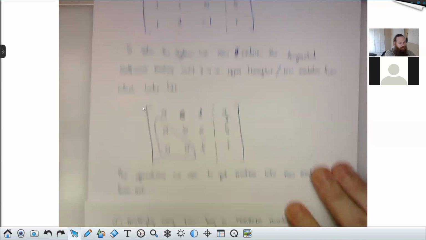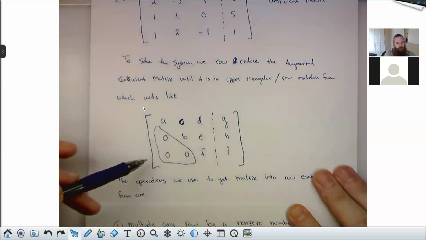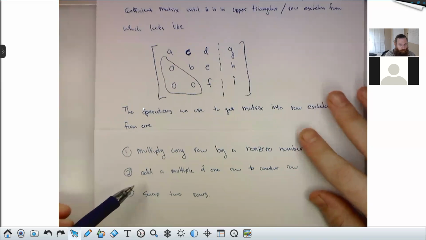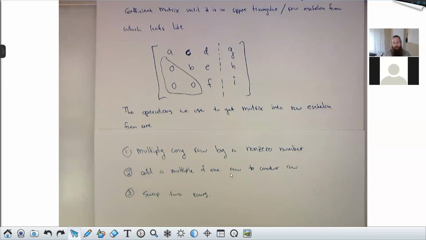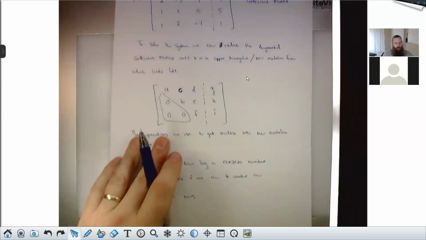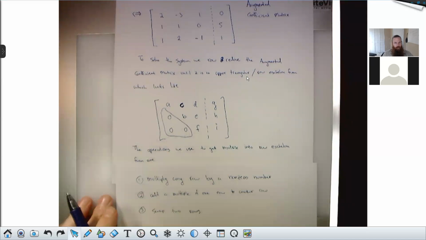All the hard work is going from this to this. The tools you will use are these three row operations, but you don't want to just try doing random row operations. You'll want to apply them according to the algorithm I will give you.